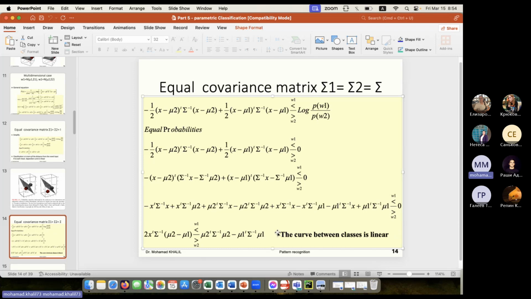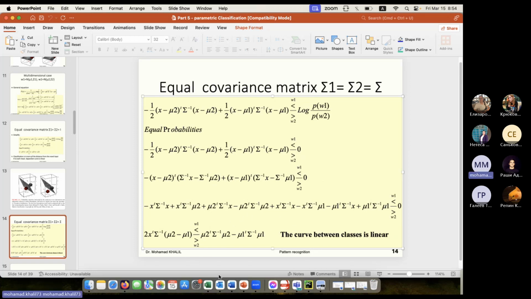Otherwise you have to put it here. The development will give you this minus this. If p(omega 1) is different from p(omega 2), it will not be 0, so you have to put a value here and plus a value here.